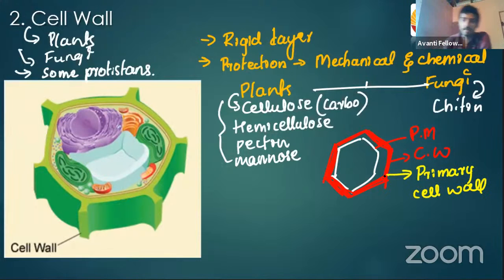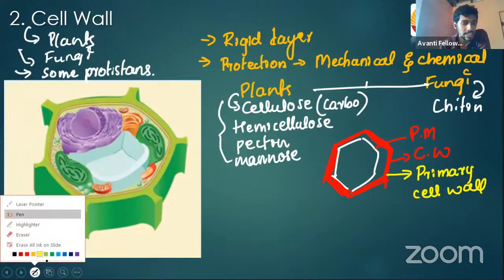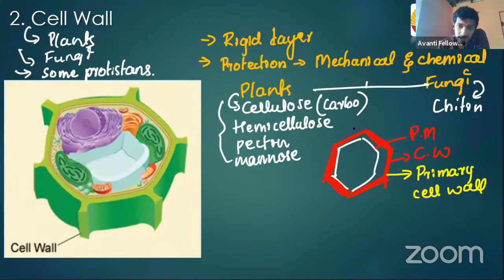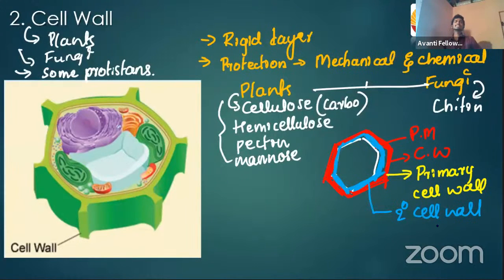What happens when the plant cell goes through the aging process? It will secrete a second layer of cell wall inside the primary cell wall. That is what we call the secondary cell wall.